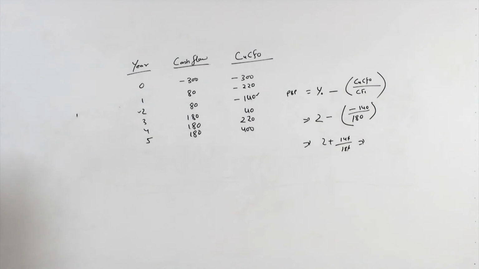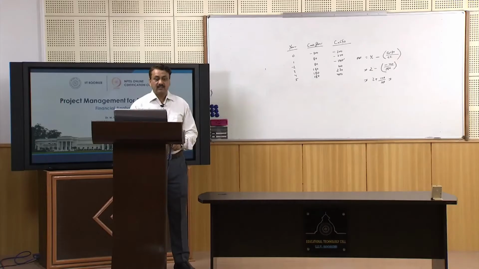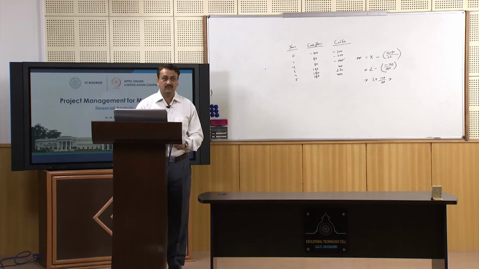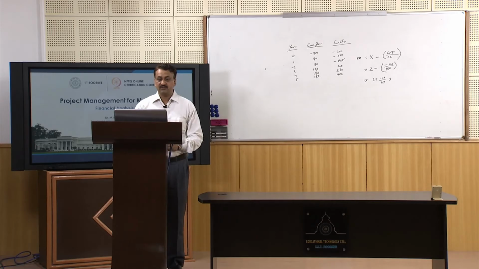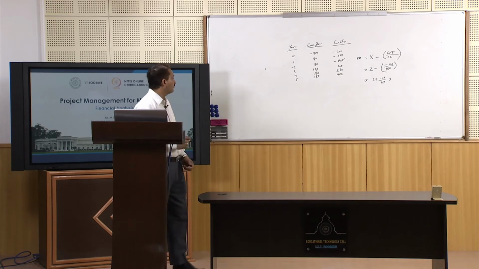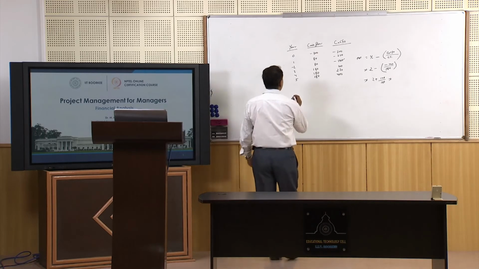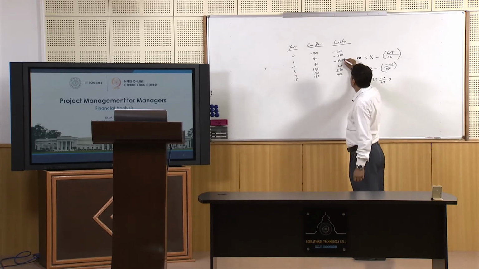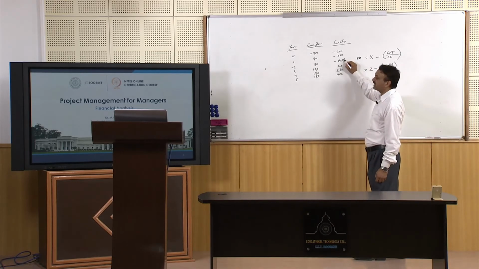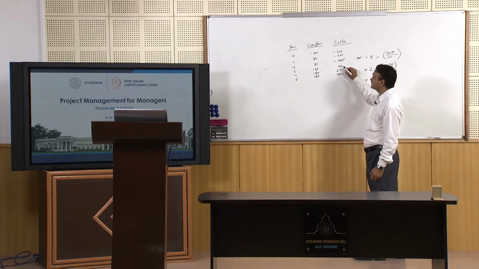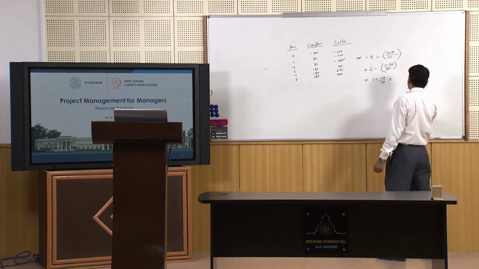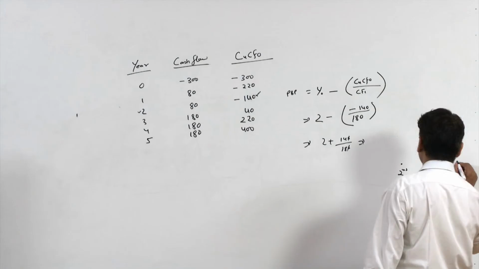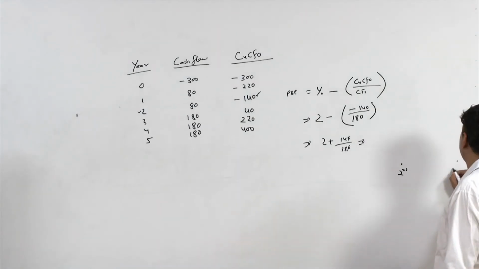This is a very simple method, and you can also go for interpolation if you are not applying this particular formula. How to go for that? You know that in this year this is minus 140 and this is 40. So how would you do this? Let's say this is the second year and this is your third year.